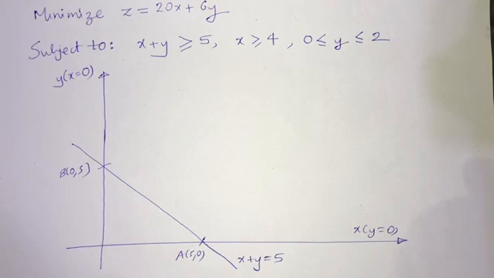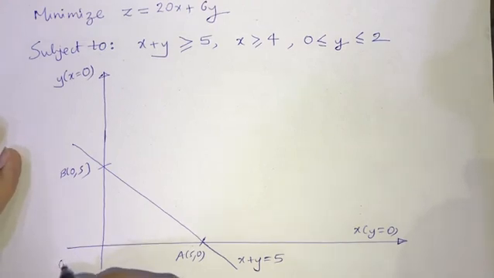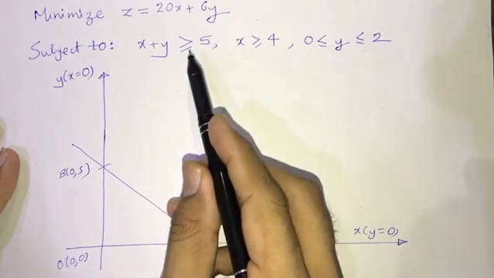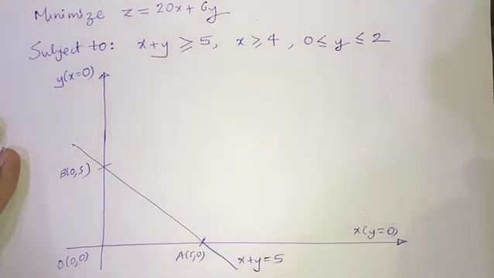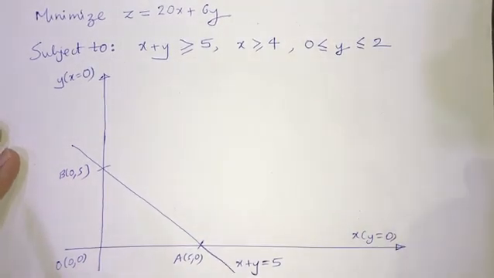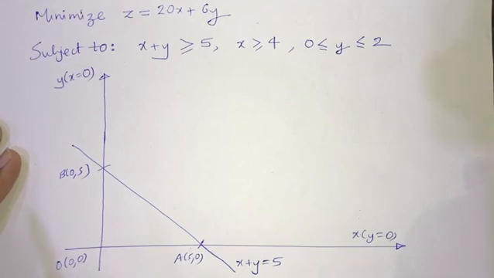To check the solution, if you put the origin, x as 0 and y as 0, you get 0 greater than 5, which is false. 0 can't be greater than 5, it is less than 5. Therefore, we say the solution is on the non-origin side.